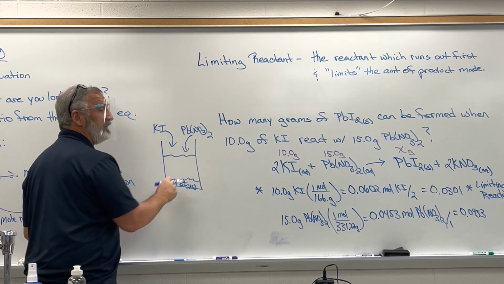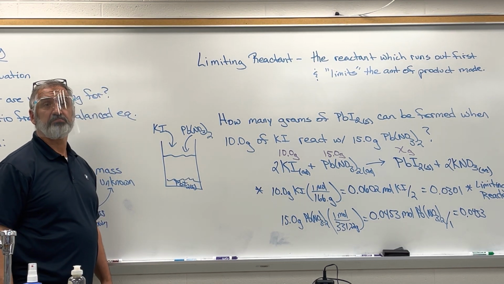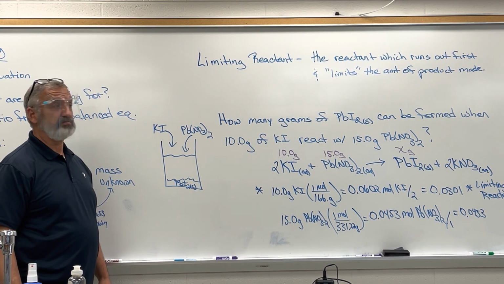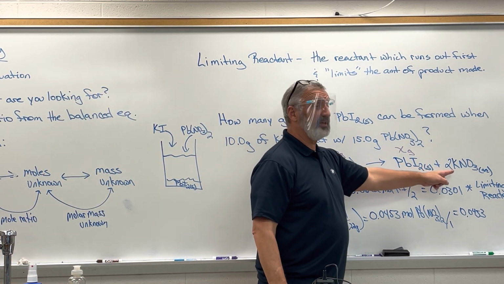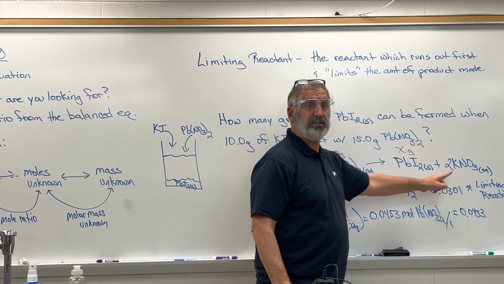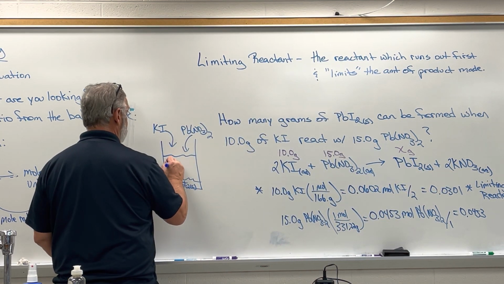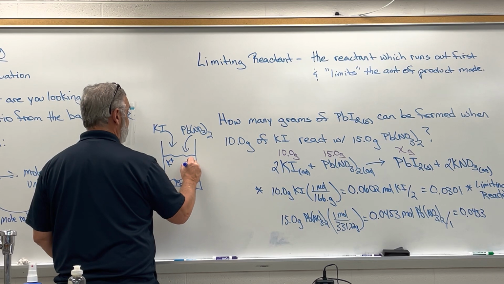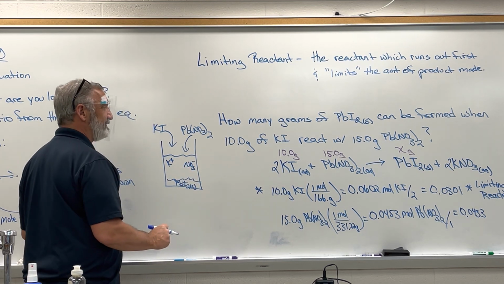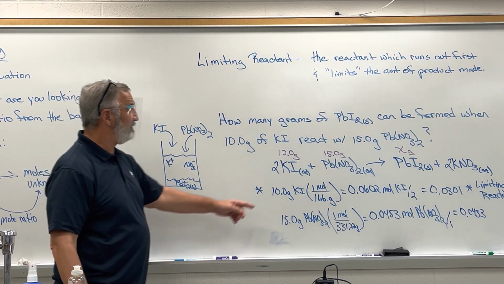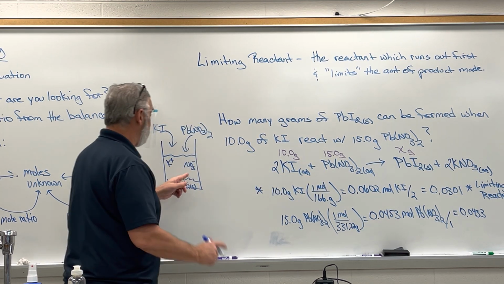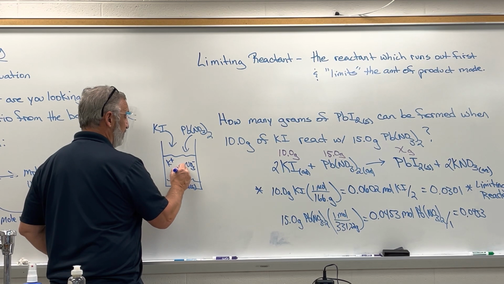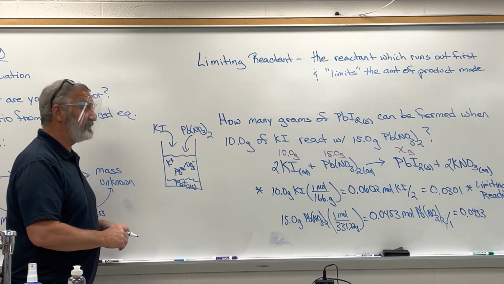What's going to be floating around in the liquid? The separate Ks. Oh, sorry, the KNO3s, right? So I'm going to have K pluses floating around. I'm going to have NO3 minuses floating around. But what else? Pb(NO3)2. Some of the excess of this is still going to be floating around, right? So more NO3s, but I'm going to have some Pb2 plus still in solution, because it was excess.